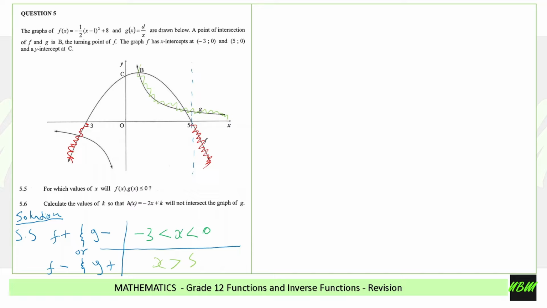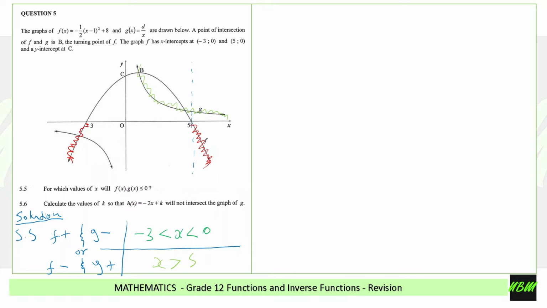So now the question is, are we going to include 5, since we are having less or equals to? So again, we check where x is equal to 5. On the graph of f, where x is 5, x-intercept, that is where y is 0.